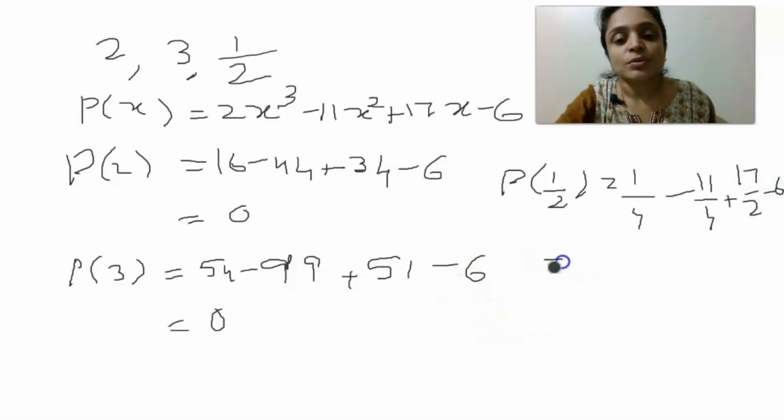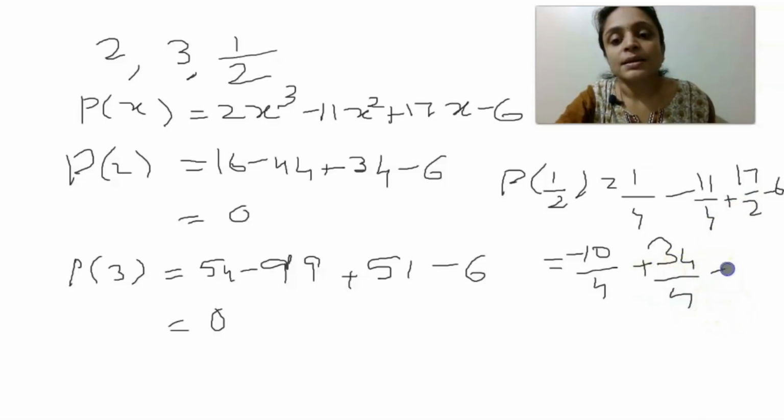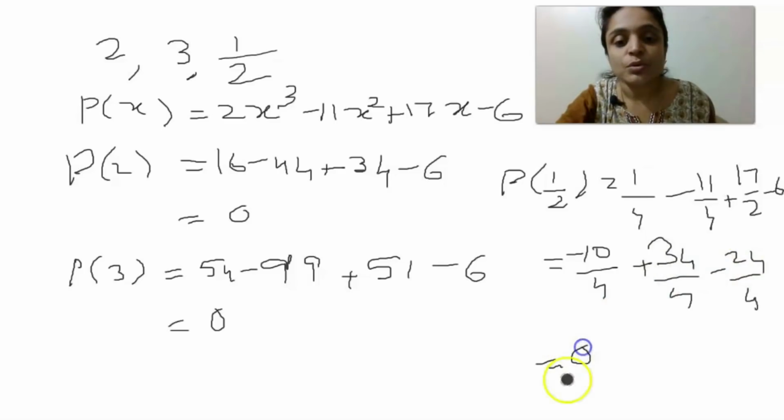And this is equal to 1 minus 11 by 4 is minus 10 by 4. Plus 17 by 2. If you multiply it by 2, you will get 34 by 4. So minus 10 plus 34 is 24. 24 minus 24 is 0. 0 by 4, which is equal to 0. So 1 by 2 is also a 0 of this polynomial.